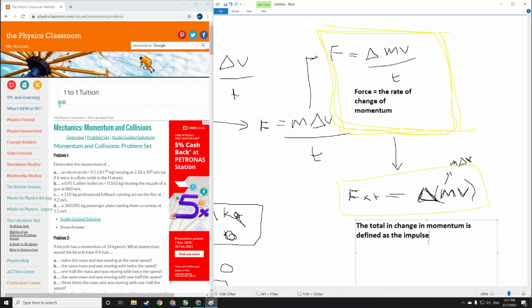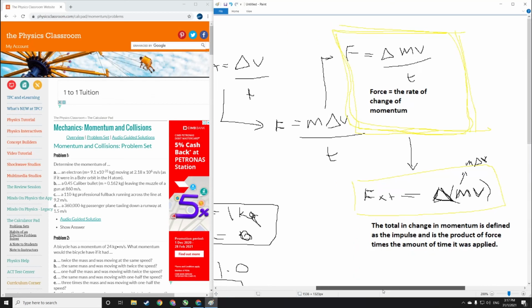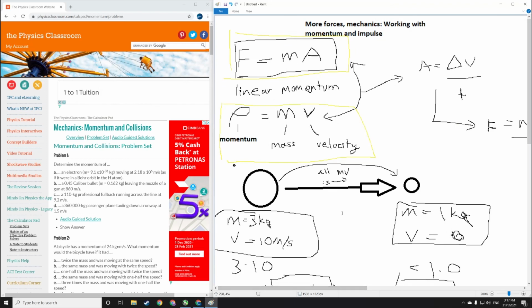Okay? And is the product of force times the amount of time it was applied. Okay? So now we have basically 4 new formulas which we've learned.